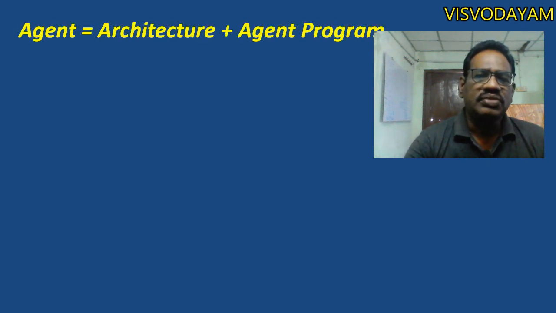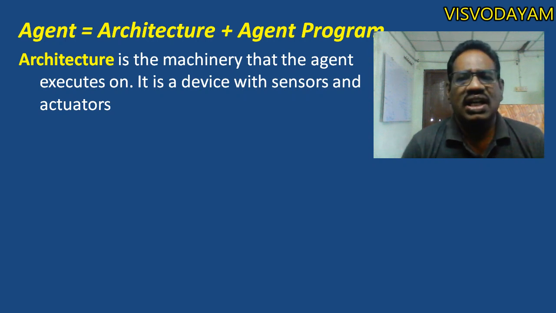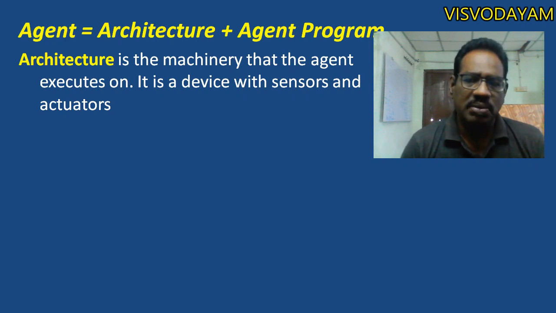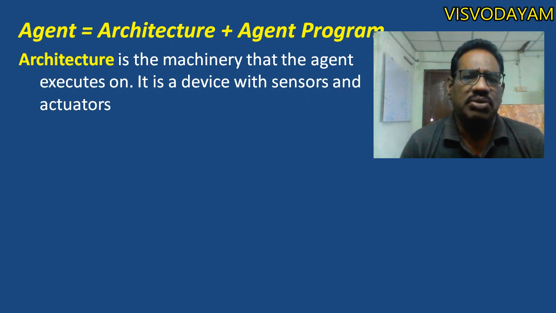Now, what is an agent? An agent consists of two things. One is the architecture, and for doing these actions, there will be an agent program. Architecture is simply the hardware, the components required for sensing the environment and doing certain actions on the environment.